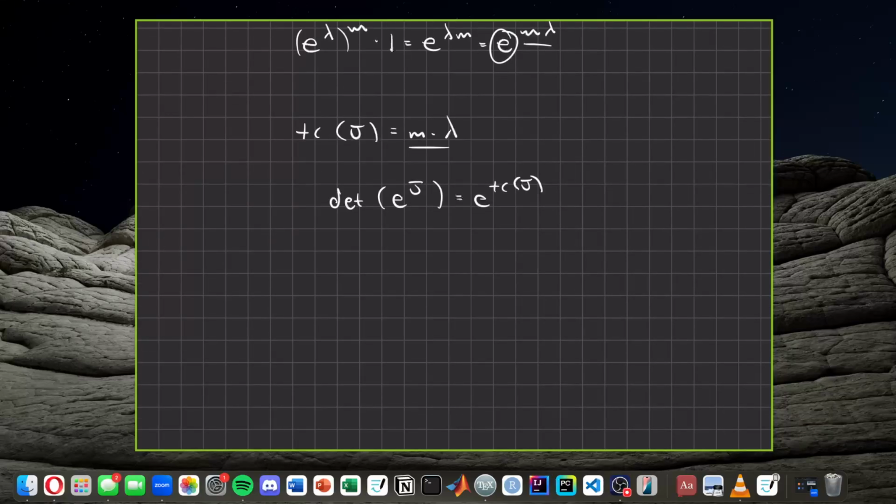Now, we are still considering just the arbitrary matrix A, so we do have a little bit more work to do. The matrix J sub A, our original matrix, is block diagonal with Jordan blocks J1, J2, through JK.